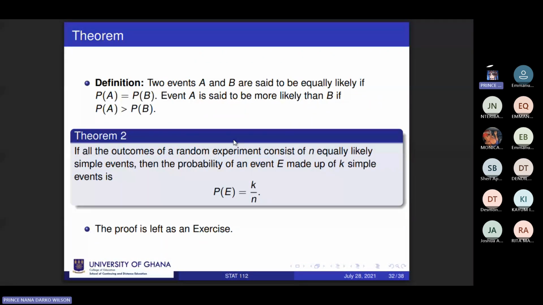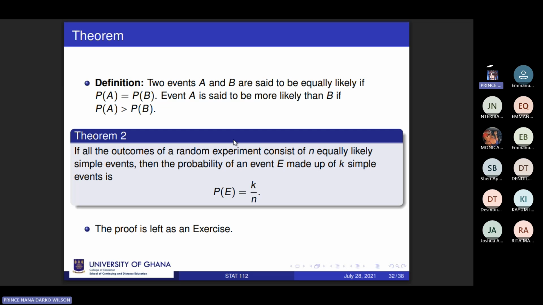So now here's another that says 2 events are said to be equally likely if the probability of A occurring is the same as the probability of B occurring. So event A is said to be more likely than B if the probability of A is greater than that of B. What this means is if I take a pair of dice and toss it, the probability of obtaining an even number is 1 over 2.